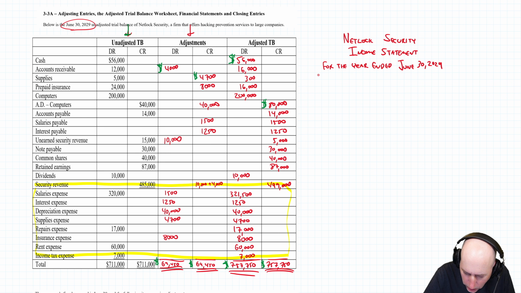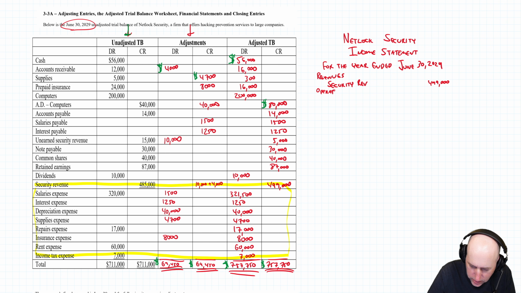Okay, so we'll start with revenues. I'll do a heading, revenues, and under that we just have the one, security revenue, and security revenue was $499,000. Because I just have the one, I write it towards the right, and then we're going to do our operating expenses, which for us is everything except interest and income tax.